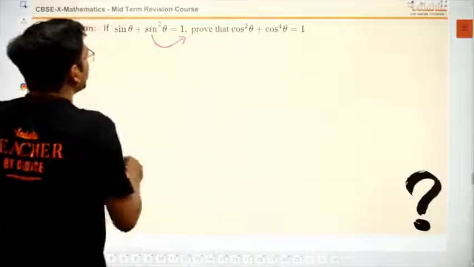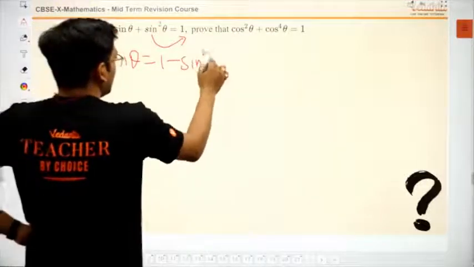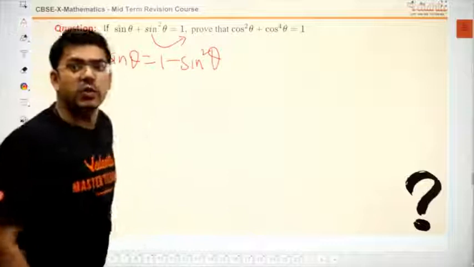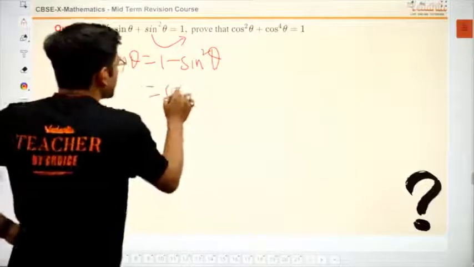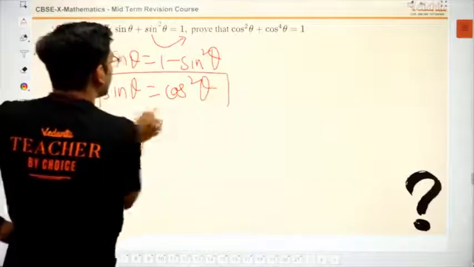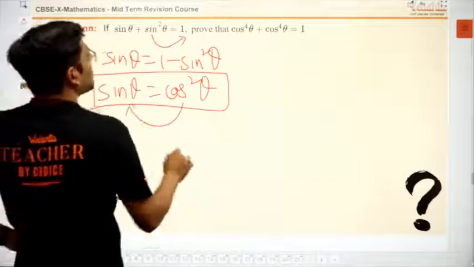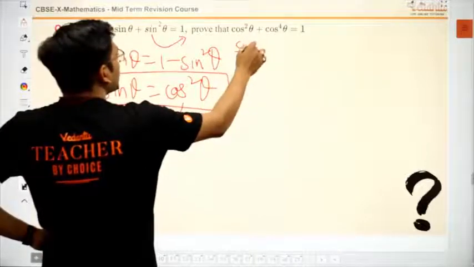Just bring this sine square theta here. It will be sine theta is equal to 1 minus sine square theta. You know the answer, yeah? It is cos square theta. Sine theta has the value of cos square theta. Now, the value of cos square theta is sin theta.